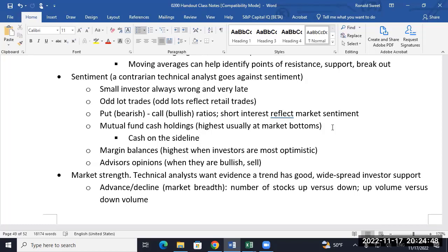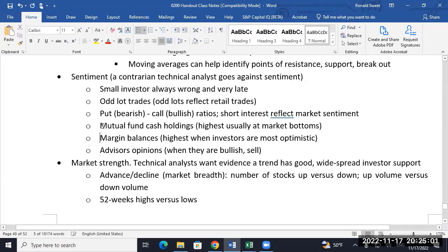Didn't someone have to buy the stock? So every stock sell has a stock buy. There's no such thing as cash on the sideline. So what we mean by cash on the sideline is mutual fund or retail cash is on the sideline. When the retail driven investors are holding cash, that means you're probably at the bottom of the market.